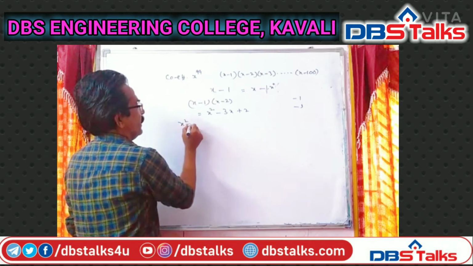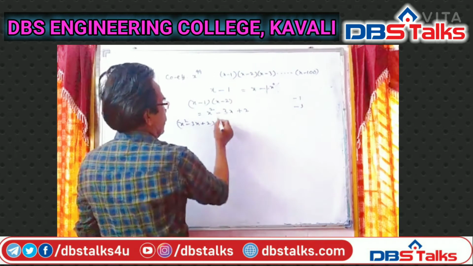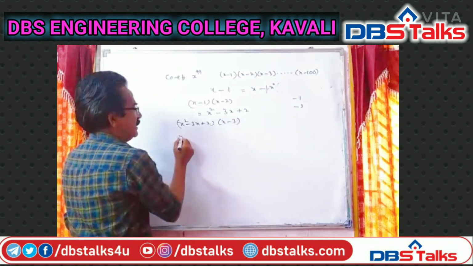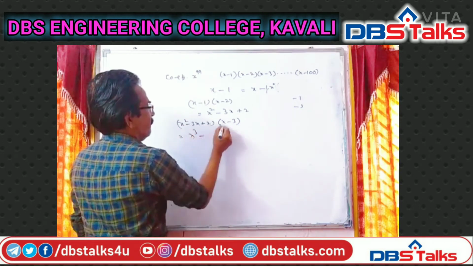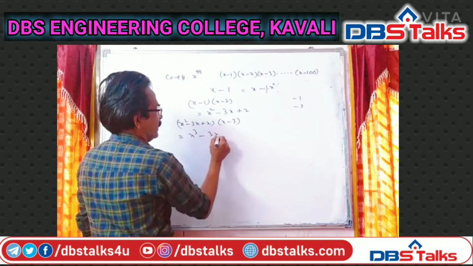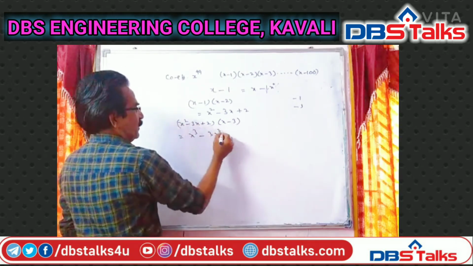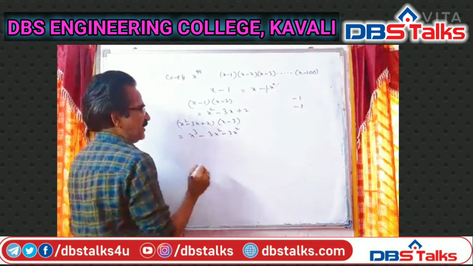X square minus 3x plus 2 into x minus 3. This is equal to x cube minus 3x square minus 3x square, again minus 3x square. Rest of the terms are not necessary for us.